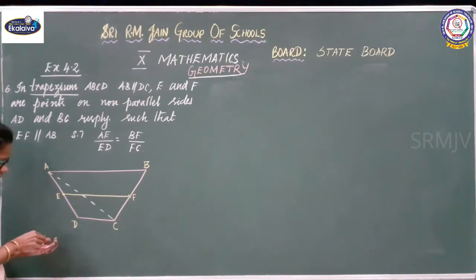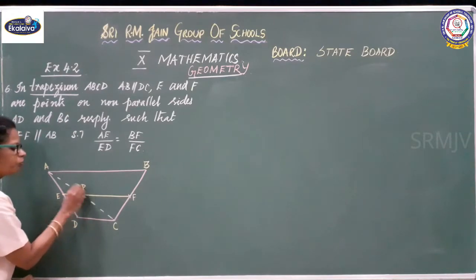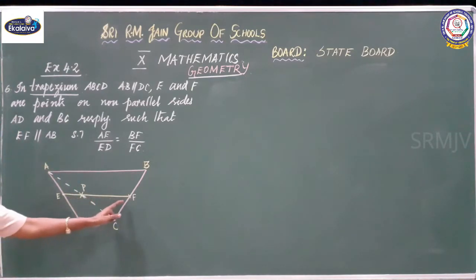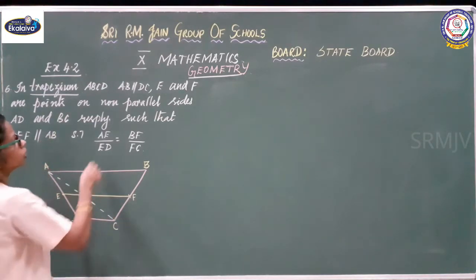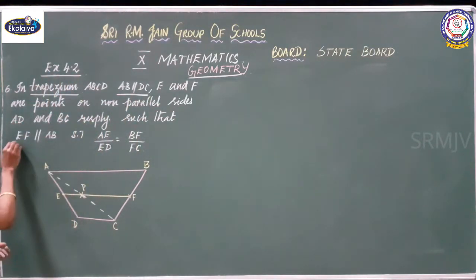The diagonal AC intersects EF at P. Now what is given, you see: AB parallel to DC, EF parallel to AB, right?